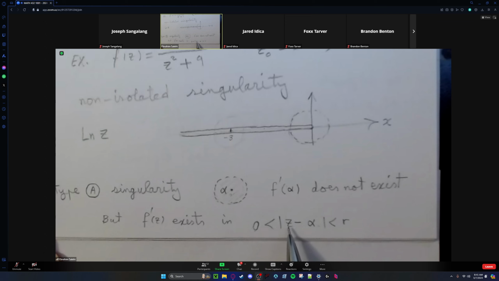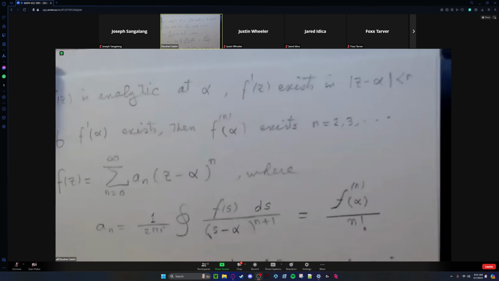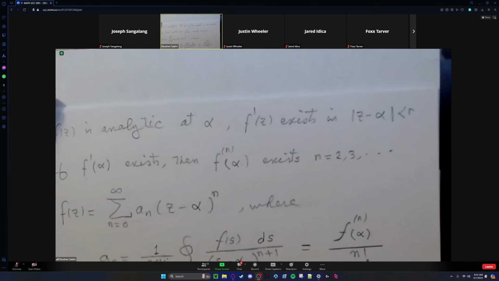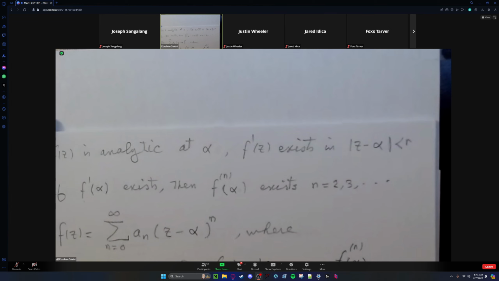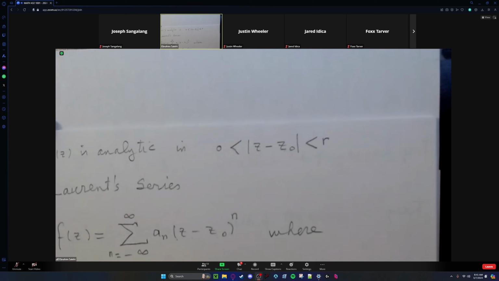Excluding alpha, you don't want z to be the same as alpha, right? So the absolute value of z minus alpha is positive. And that is when we say derivative exists in here. That is the isolated singularities. Okay. Well, it's a good review. I'm just reviewing the material, to make sure that we understand. Then I talked about Laurent series.